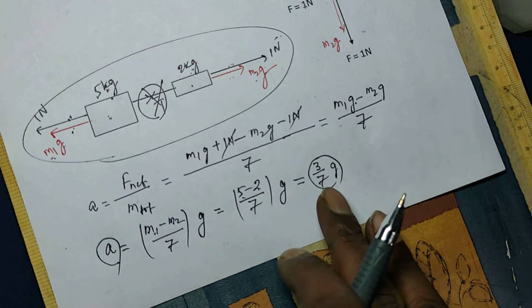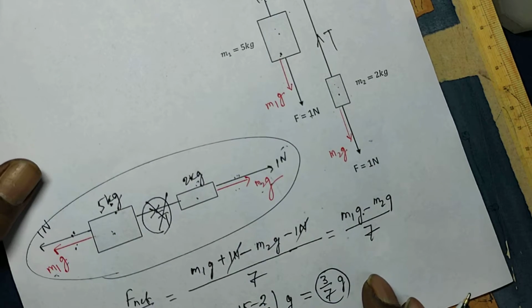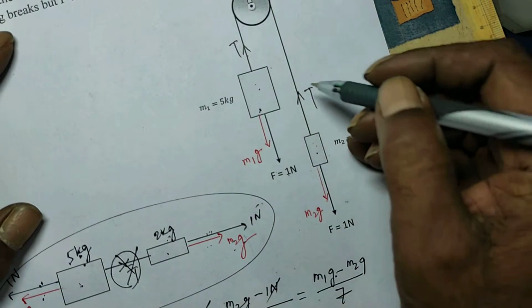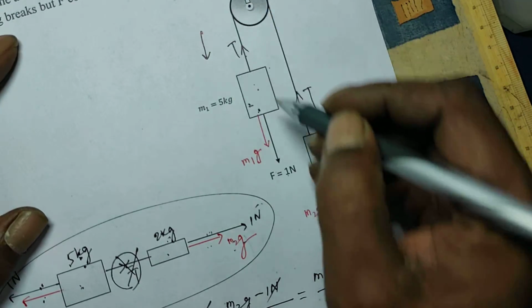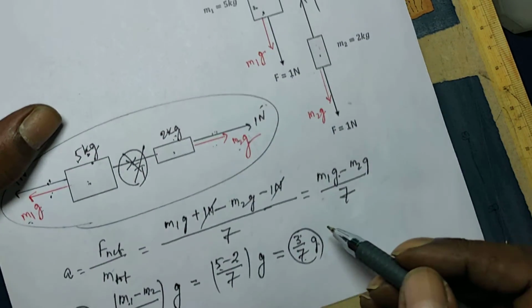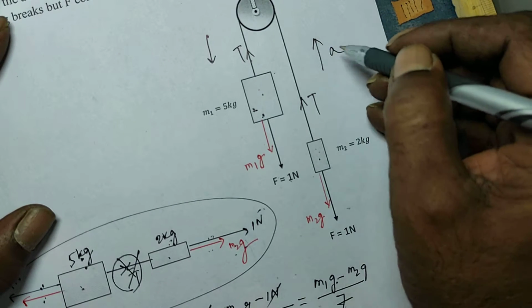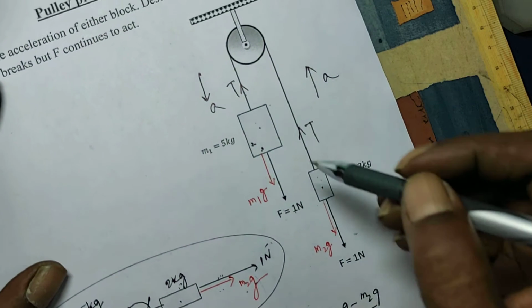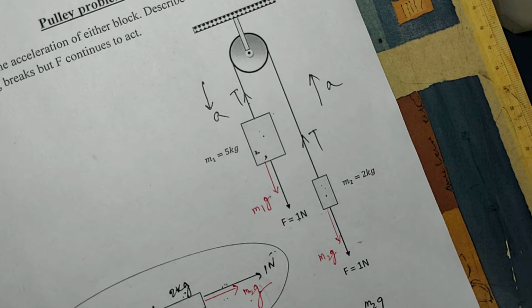Now to find the tension, you have to write the equations. So this mass 5 kg is falling down with acceleration 3 by 7 times G, and this is moving up with the same acceleration because the string connecting the two masses is not stretchable.